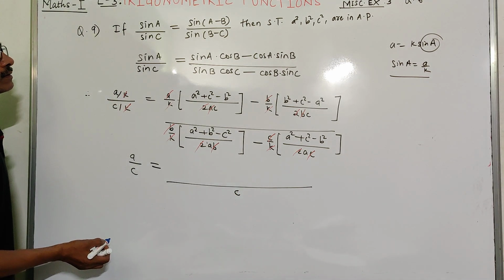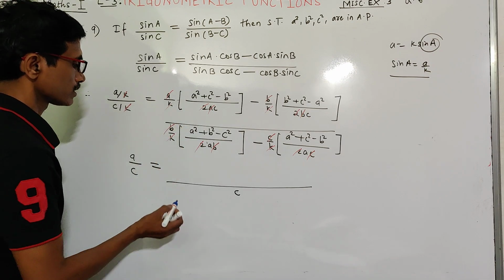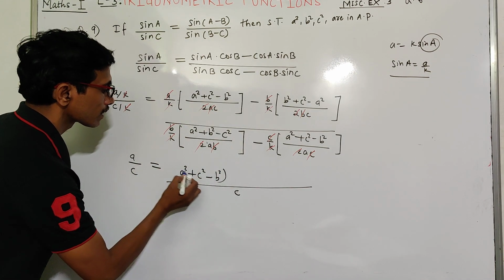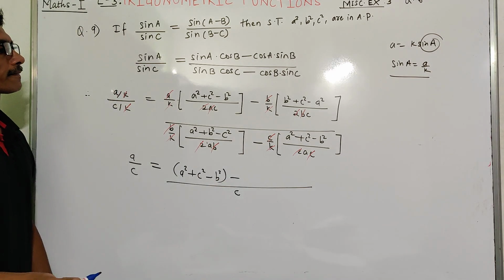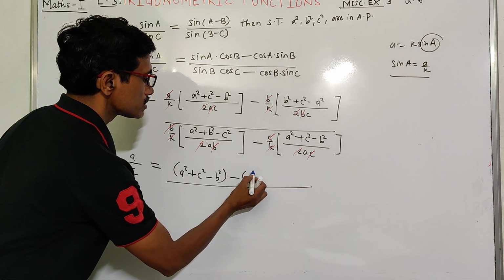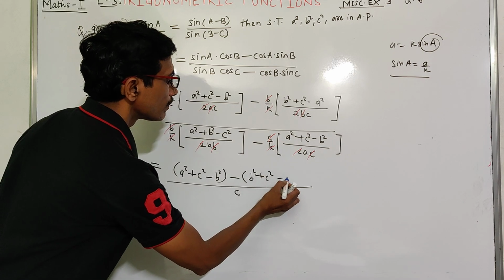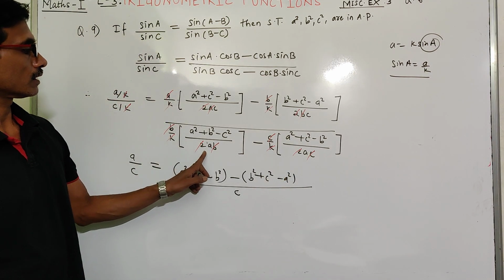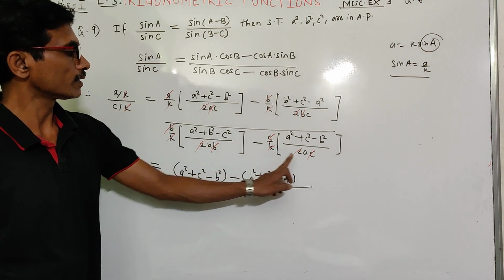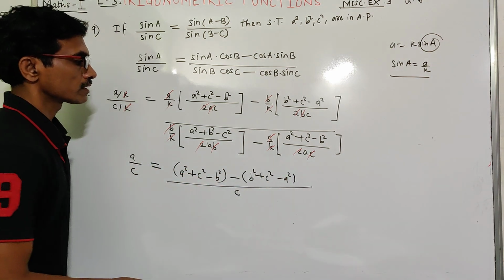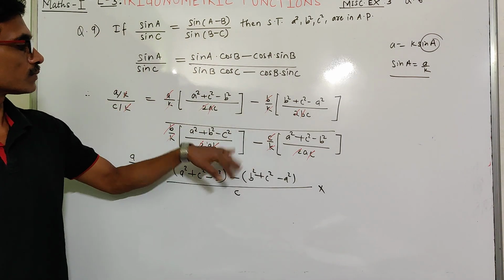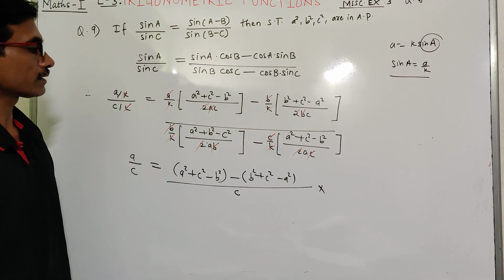And numerator (a square plus c square minus b square) minus (b square plus c square minus a square). Similarly, here denominator is a. So let us write that cross multiplication. Dividing by this means multiplying by its reciprocal, we can write.